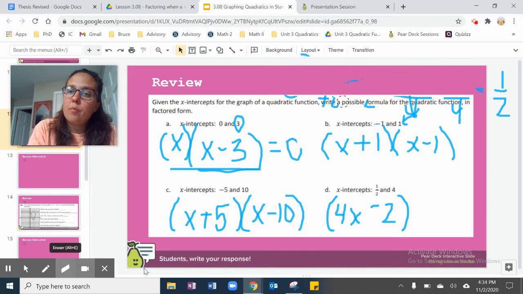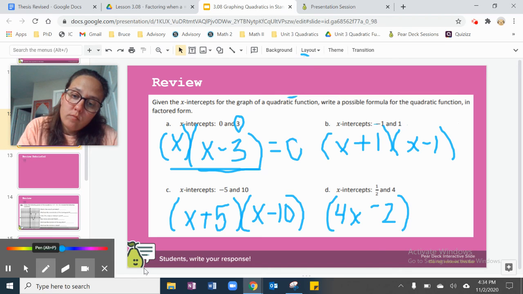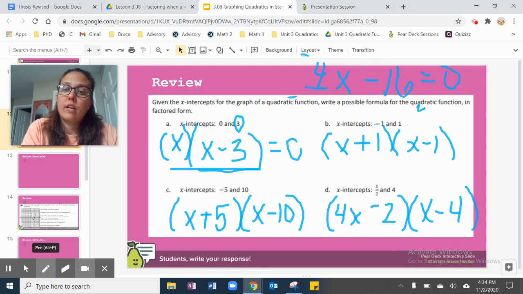And then for the other part, which is way more straightforward, the positive 4, we could just write x minus 4. Also totally fine, but if you wanted to be creative, you could also think, okay, if the numerator is the second number, so we could do 4x minus 16, and if we set that equal to 0, we would add 16 on both sides, and then we get 4x equals 16, and then we would divide by 4 and get x equals 4.